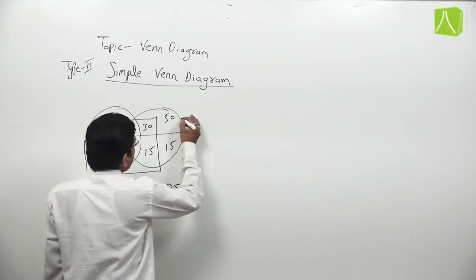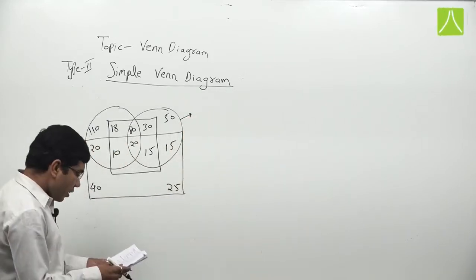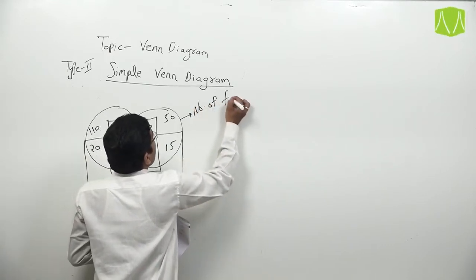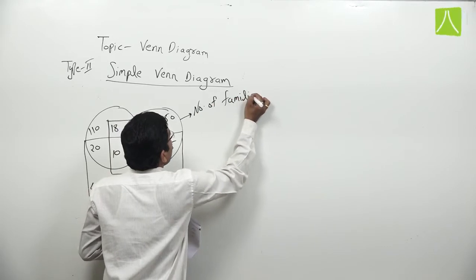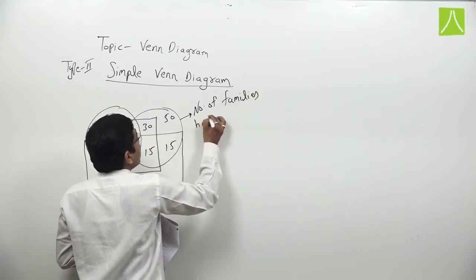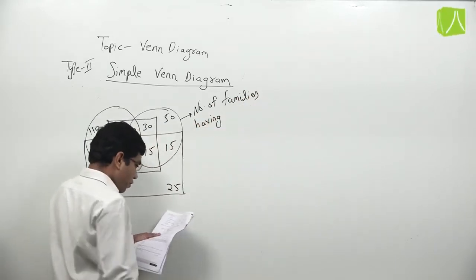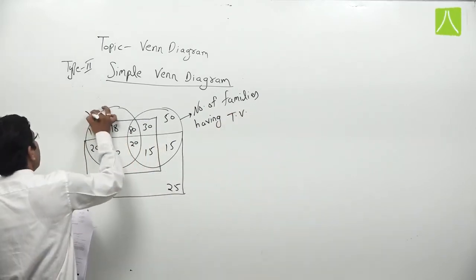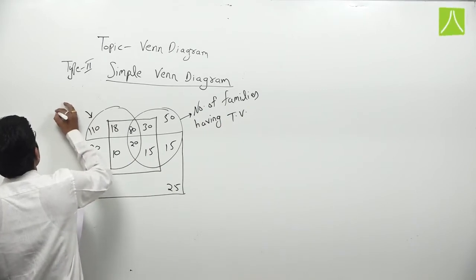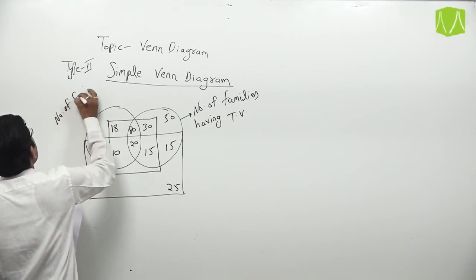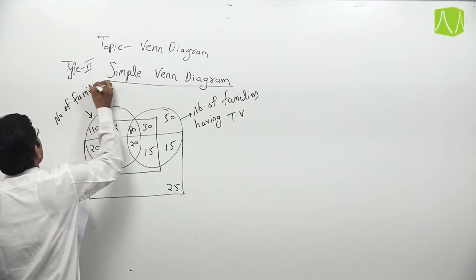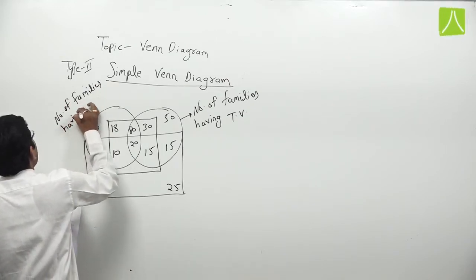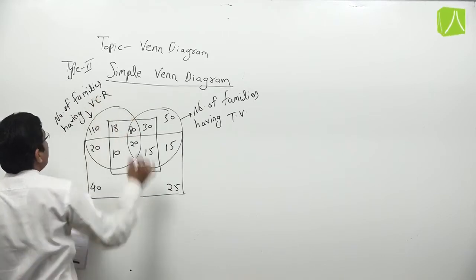Here this circle denotes number of families having television. This circle denotes number of families having VCR.